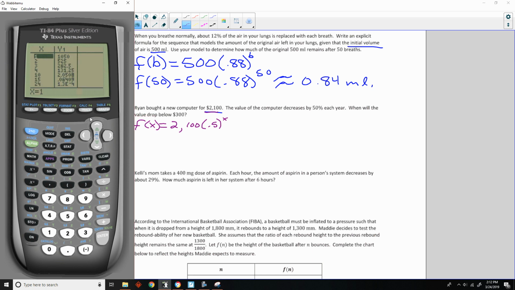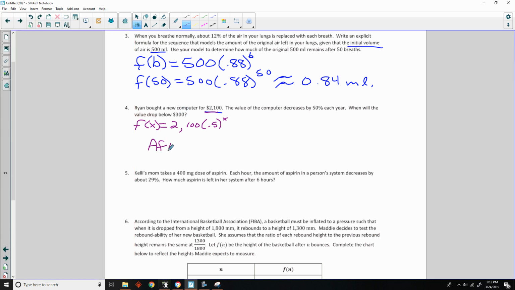So when you go to second graph and you clear all these or delete them, and start over. After 1 year, that computer will be worth 1,050. After 2, 525. After 3 years, it'll be 262, and there it is, below 300. So it's after 3 years.